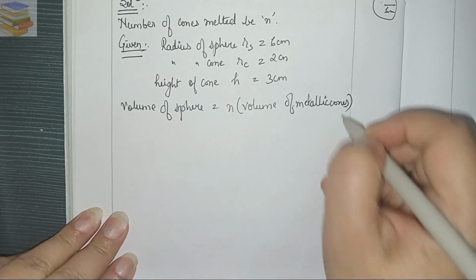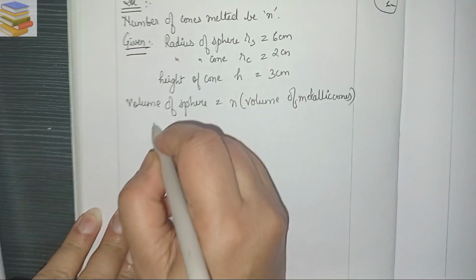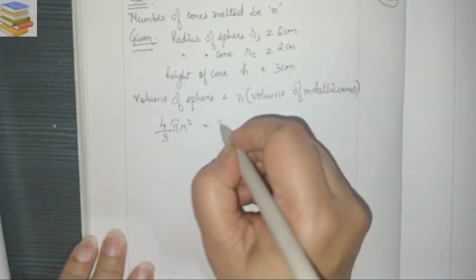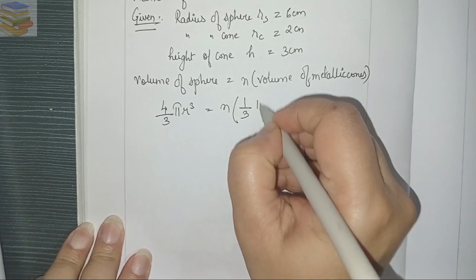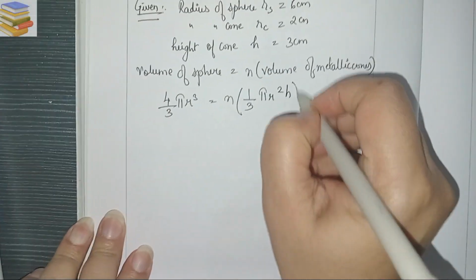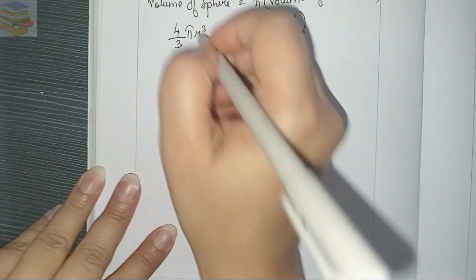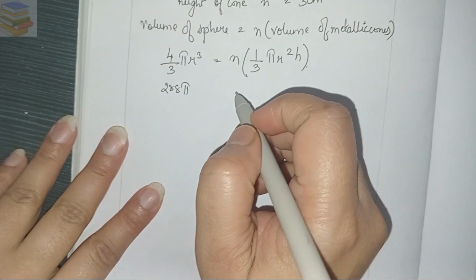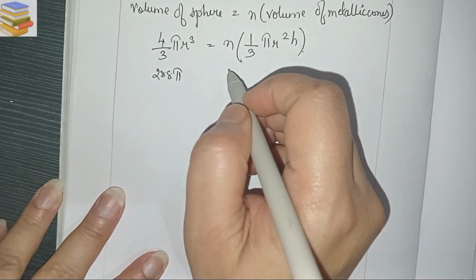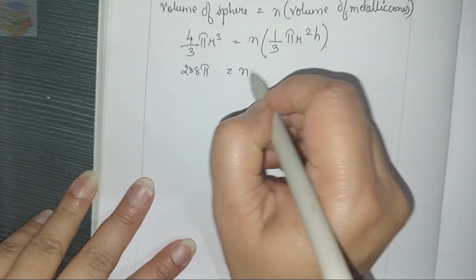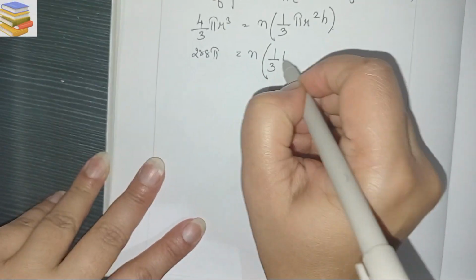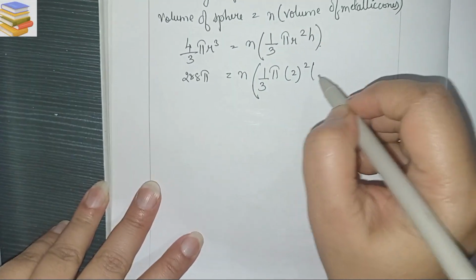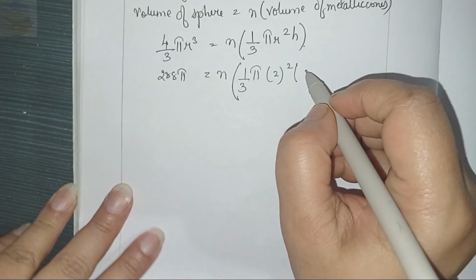Okay, 4/3 pi r cube is equal to n 1/3 pi r square h. 288 pi is equal to n 1/3 pi to the whole square, and h is 3.